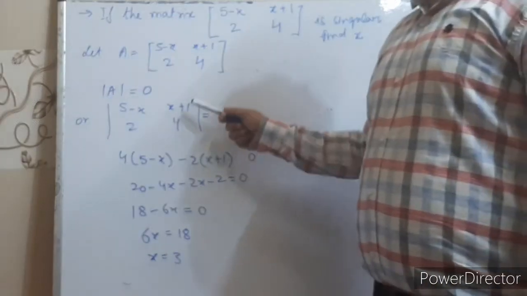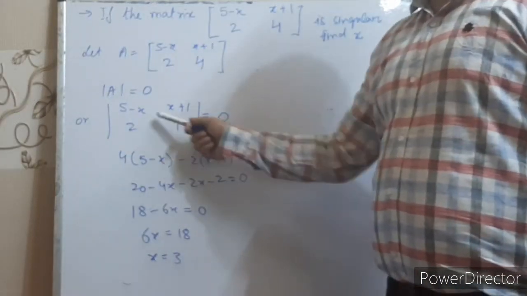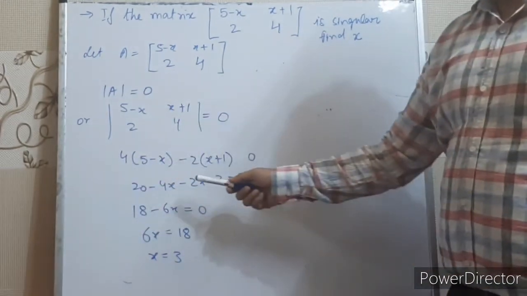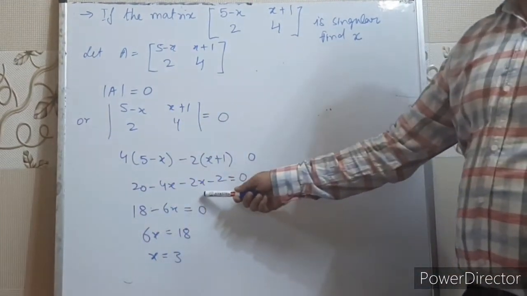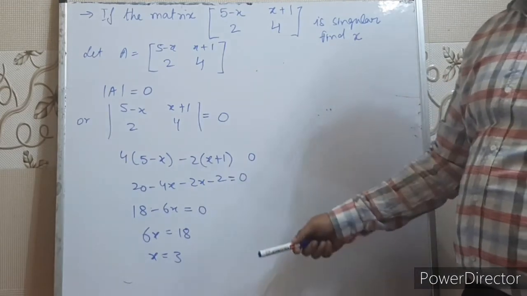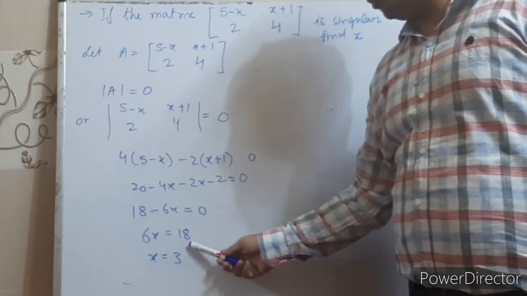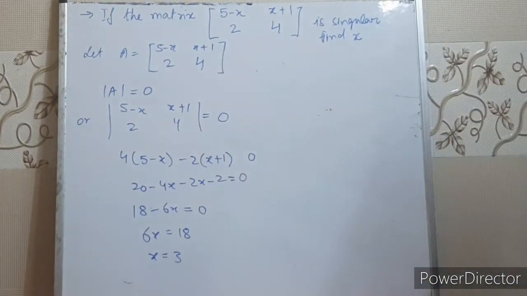So we convert this matrix into determinant and then expand. Right? We know how to expand this. What we'll get? 20 minus 4x minus 2x minus 2 equals 0. That means 18 minus 6x equals 0, 6x equals 18, then x equals 3. Right, children? Note down, please.